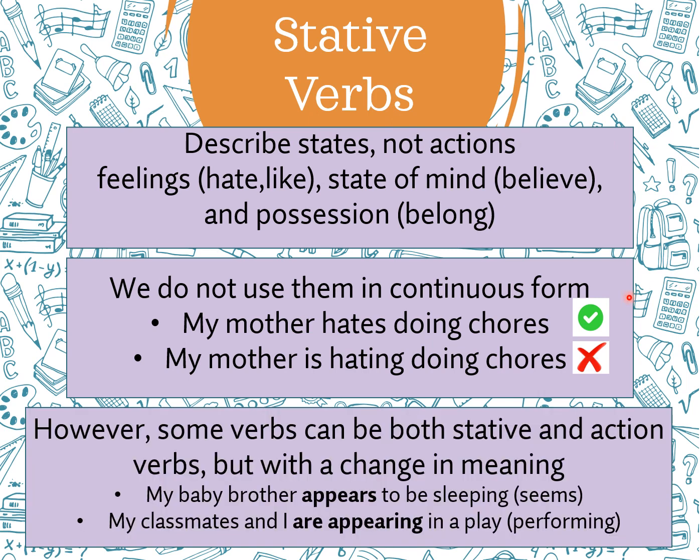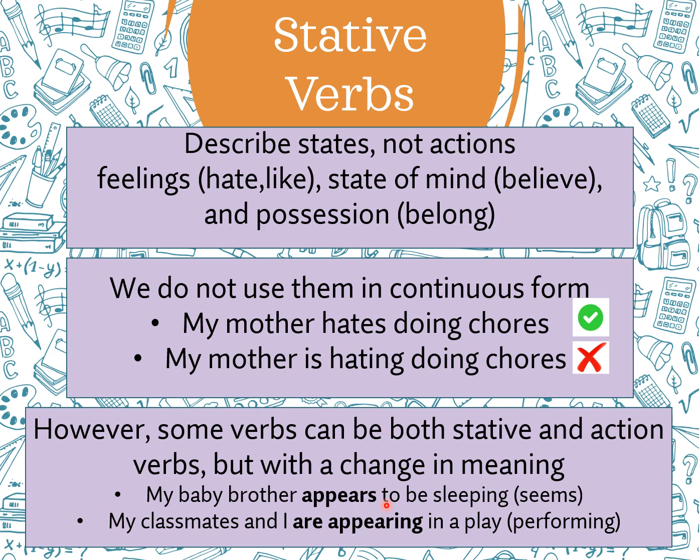Okay, next one. Okay, stative verb. However, some verbs. Okay, some stative verbs can be both stative and action verbs. Ada yang boleh berfungsi sebagai stative dan ada berfungsi sebagai action. But you will have a change in meaning. Bila you gunakan dia berbeza dalam bentuk stative dan action, dia akan berbeza maknanya sekali.